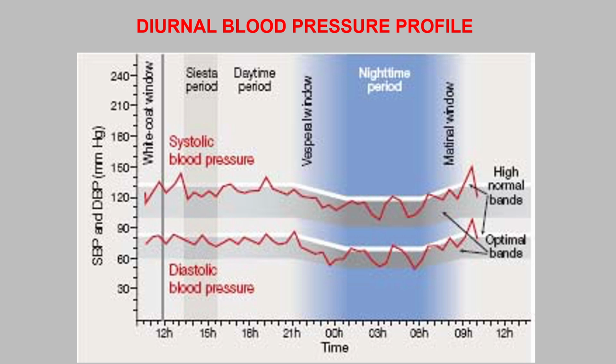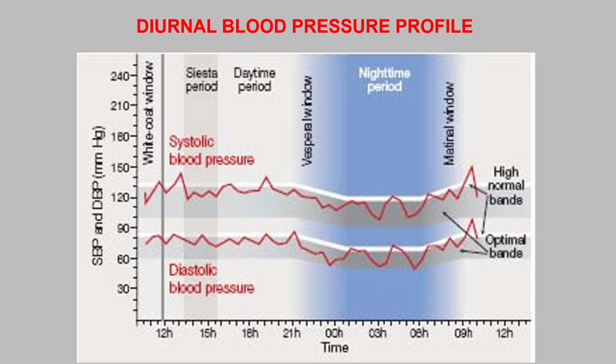And this gives us an idea of what the so-called diurnal blood pressure profile is. And it's depicted in this curve here, where we can see the systolic blood pressure in the upper curve and the diastolic blood pressure in the lower one, starting from noon time and then going to 3 o'clock, 6 o'clock, 9 o'clock, and then the night time, how the blood pressure dips during the night and then goes up again during the day.